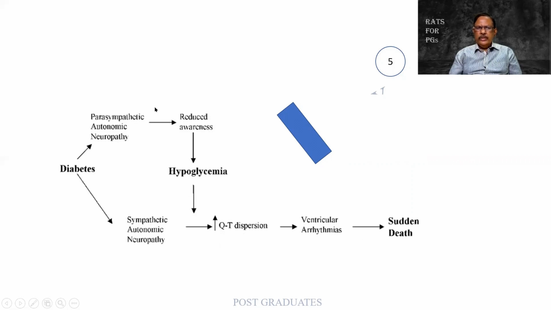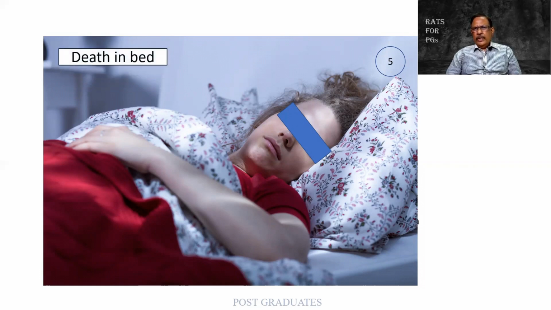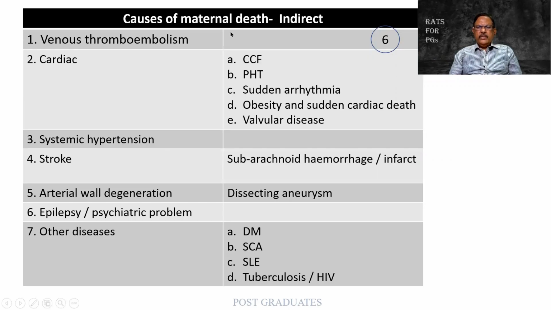So why am I showing this flow diagram now? This is the case of a lady, a mother who has passed away. This is called dead in bed syndrome. Dead in bed syndrome is classically due to type 1 diabetes, and maternity is one of the causes for it.